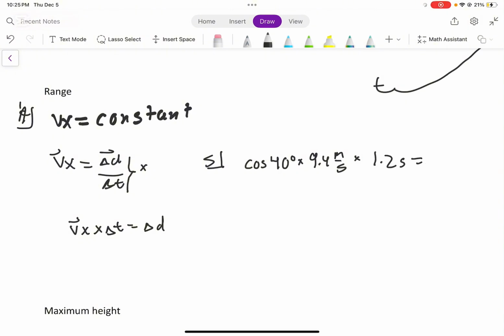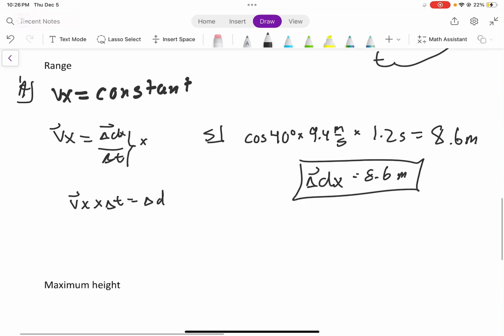So cos 40 times 9.4 times 1.2 ends up giving you 8.6 meters. So delta dx, remember, you have to put your x's because we're talking about specific components, is equal to 8.6 meters. And that is your final answer.